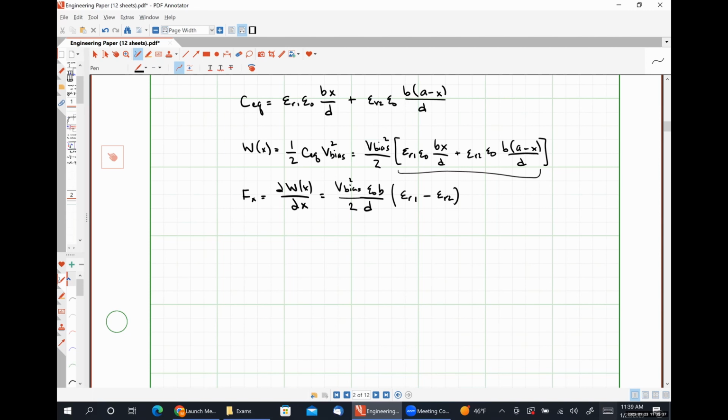Another very interesting thing about this particular device is its capacitive tuning range, right? So let's assume that epsilon R1 is greater than epsilon R2. Okay. What will the minimum capacitance of this system be?